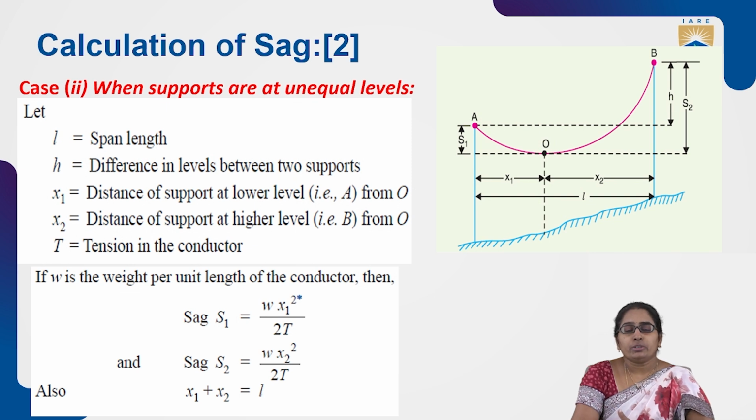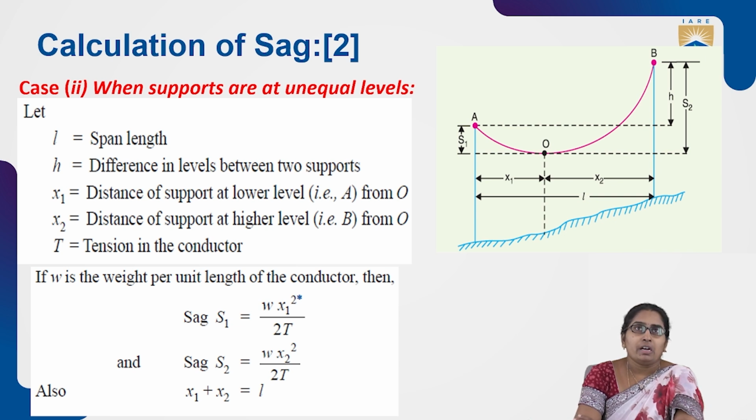Before going into stringing chart and sag template, in my previous lecture we have seen sag calculation for towers, that means supports with equal height. Continuing that, the next case is when supports are at unequal levels, when supports are not at equal height.